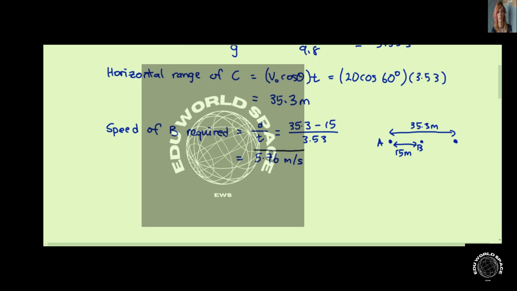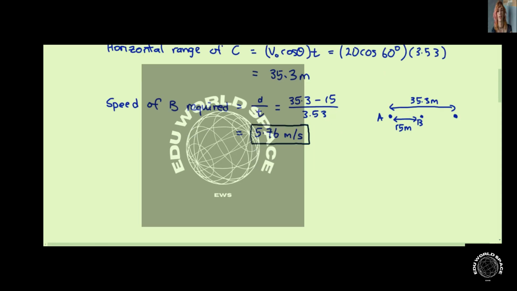Okay, next we want to find the relative velocity of the football relative to B, the velocity of football relative to B at the instance of catch. So at the instance of catch, to find the relative velocity, we need to first write down the velocities in vector form.